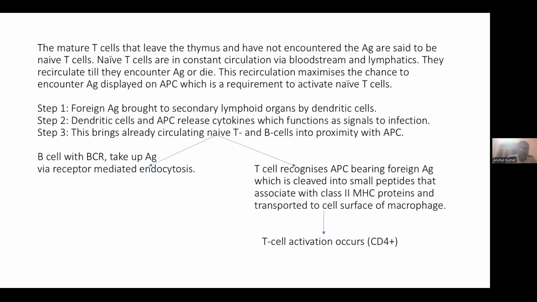B cells with B cell receptors take up antigen via receptor mediated endocytosis. T cells recognize antigen presenting cells bearing foreign antigens, which are cleaved into small peptides that associate with class II MHC proteins and are transported to the cell surface of macrophages, and T cell activation occurs. So this is the mechanism by which naive T cells are activated into CD4 plus T cells.